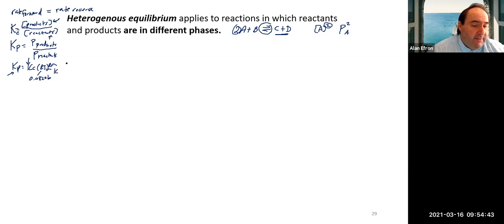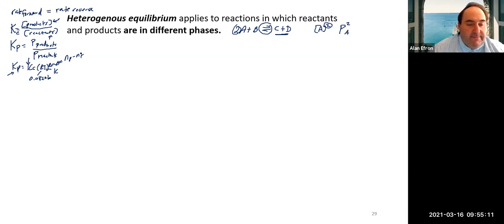And Δn, as we talked about last time, is really important: it is the change in moles, the moles of gaseous product minus the moles of gaseous reactant. If you get a negative, you should keep the negative, because mathematically it is a different problem if you have a negative number or you don't.